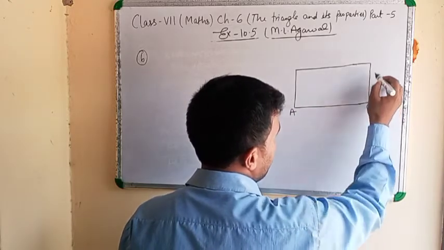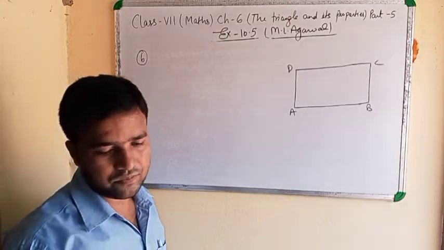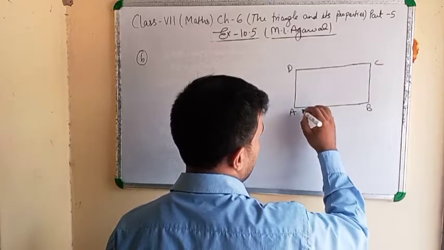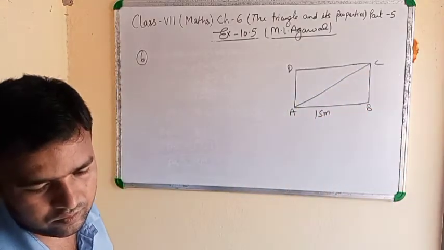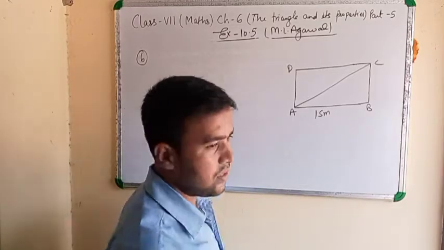A, B, C, D. ABCD is a rectangle. Length is 15 meter and diagonal is given, 17.